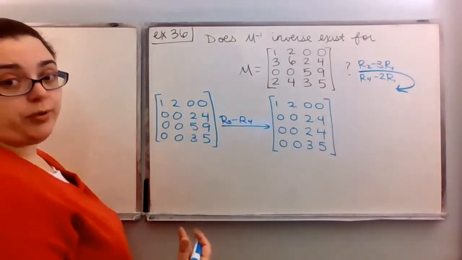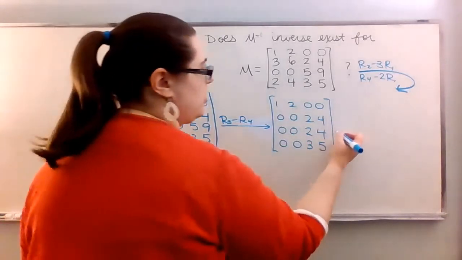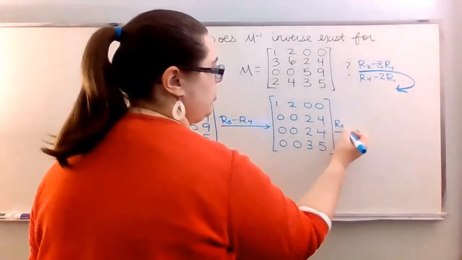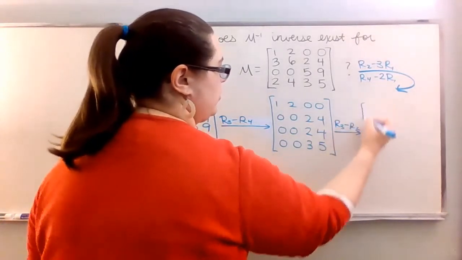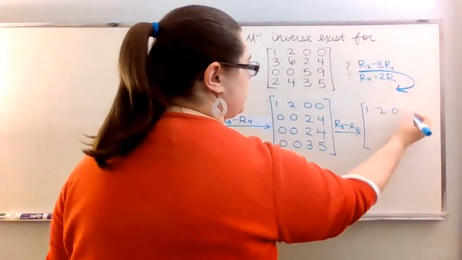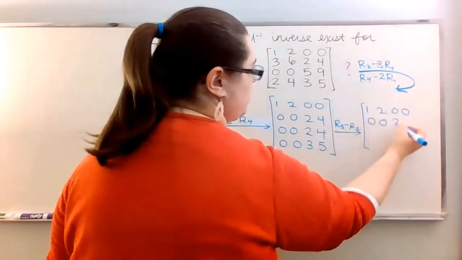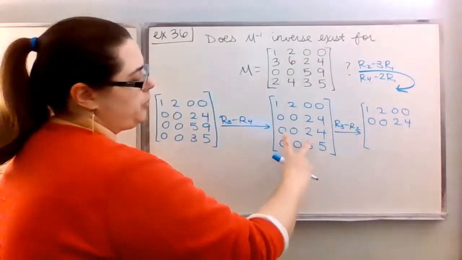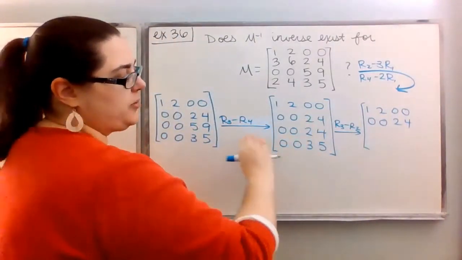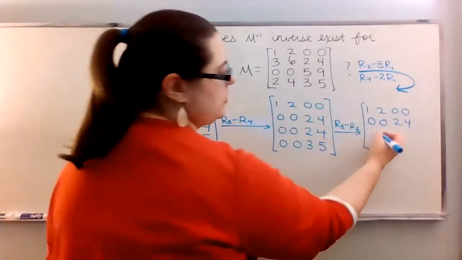Next, I'm going to take row 3 and subtract row 2. So we get 1, 2, 0, 0, 0, 0, 2, 4. And when I do row 3 minus row 2, I'm going to end up with a row of zeros.